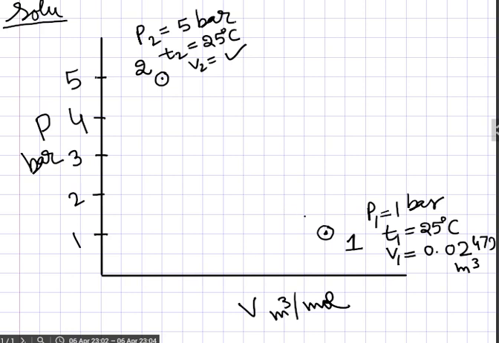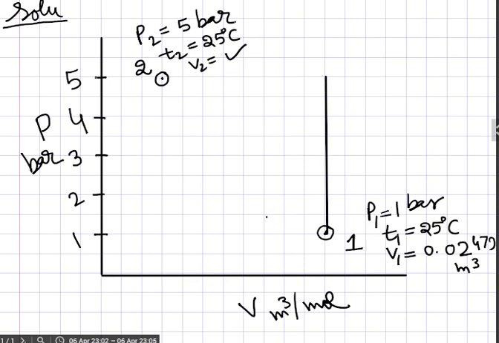There are infinite ways you can change the state, but in your book they have given you only 3 paths. The first path I am showing you is like this. They start from here to here. At constant volume they are heating the gas.